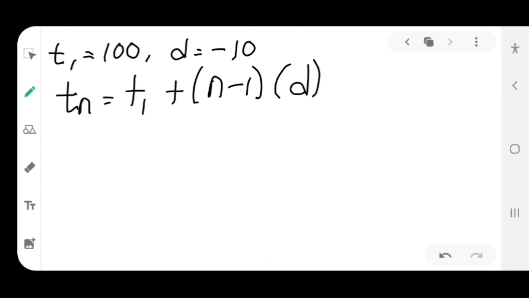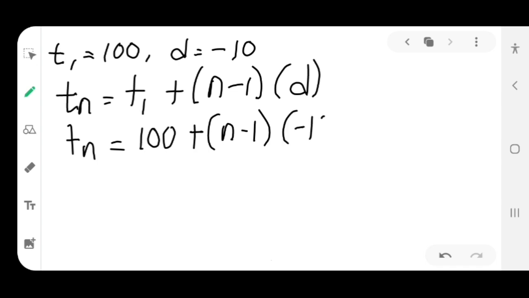Substitute the given values. So t sub n is equal to, instead of writing t sub 1, we are going to write 100 plus the quantity of n minus 1 times negative 10.